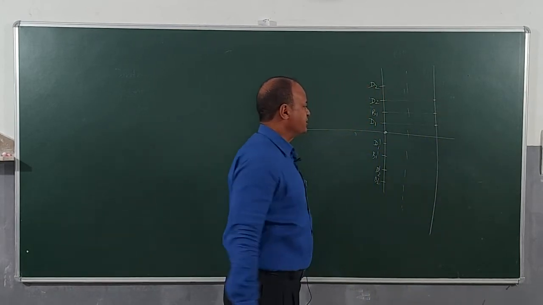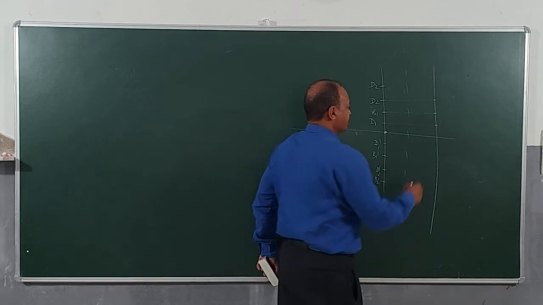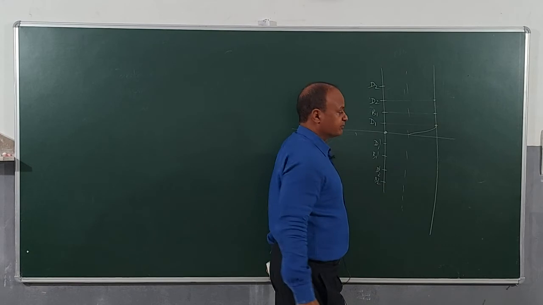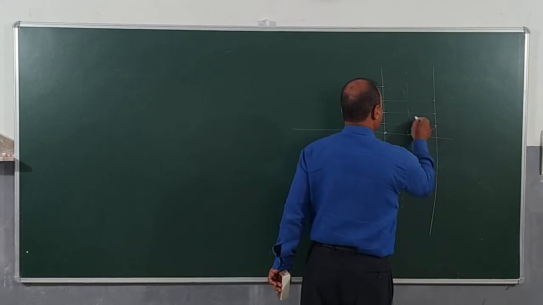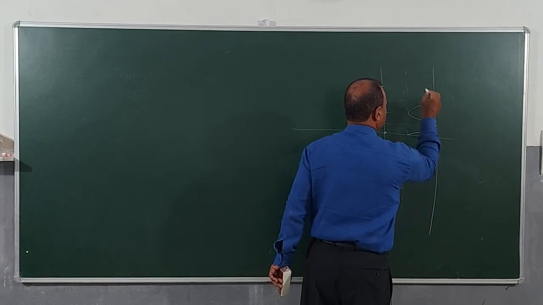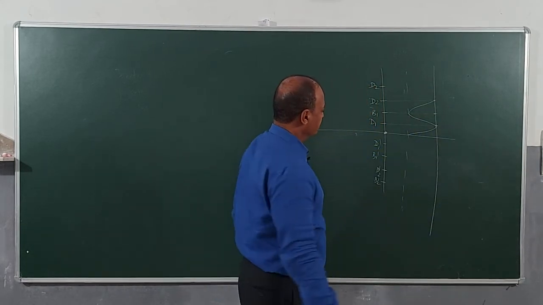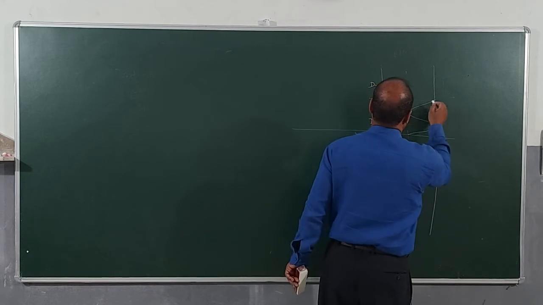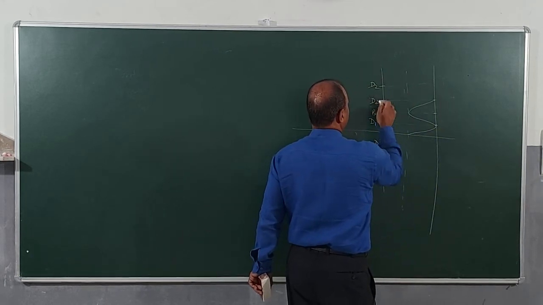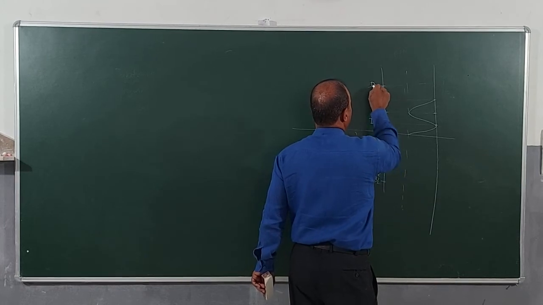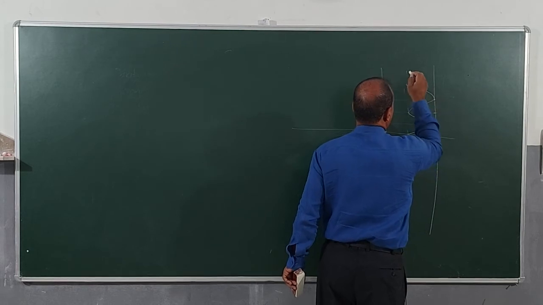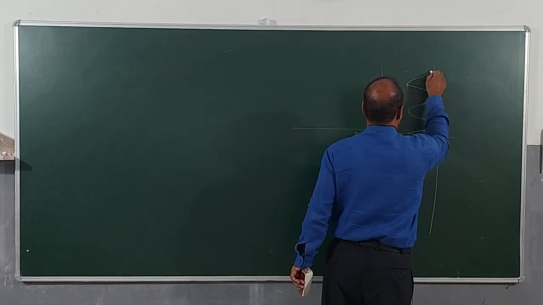Let's see how the graph comes, children. Here the intensity is 0, here it is maximum. Again here intensity is maximum, here it is 0. This is D1, D2, B1, this is B2. Again here intensity is maximum, and similarly here it will be 0.